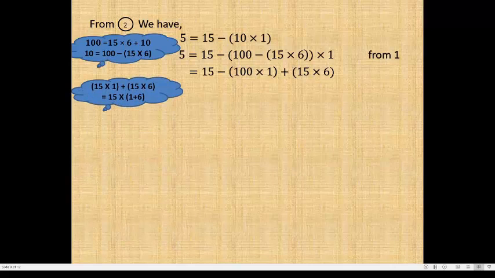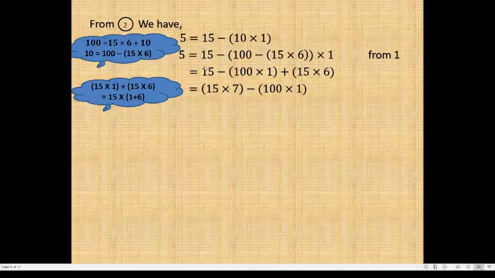Now see here, 15 into 1 plus 15 into 6. So take 15 out as common. So 15 into 1 plus 6, that is we get 15 into 7. So next step we get 15 into 7 minus 100 into 1. So take the minus sign into the bracket.